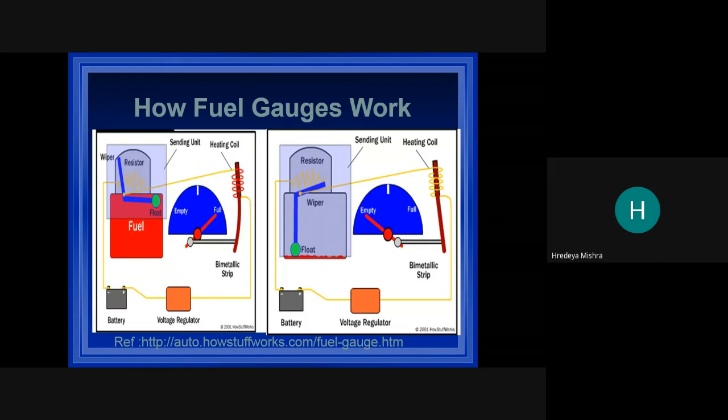See here, this is our fuel tank, and this is the resistance provided, and this is the wiper. So this wiper is represented here. This is the symbol of full and this is empty, which is shown by a pointer here. This resistance is attached to the battery, and there is a float.